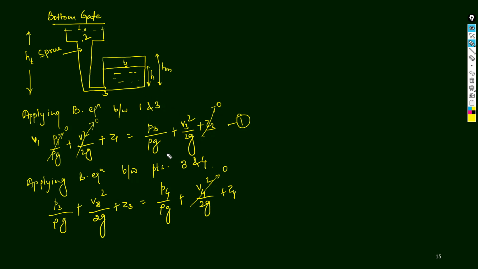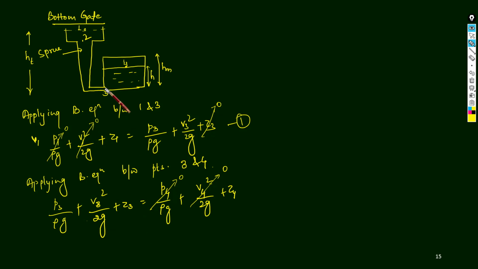That is, the velocity of molten metal at this point is 0, because it is filling very slowly, so that's why it is considered 0. V3 we don't know, P3 we don't know, P4 is atmospheric, so 0. And Z4 is h. Z3, yeah, here you see V3 will be 0. Why?